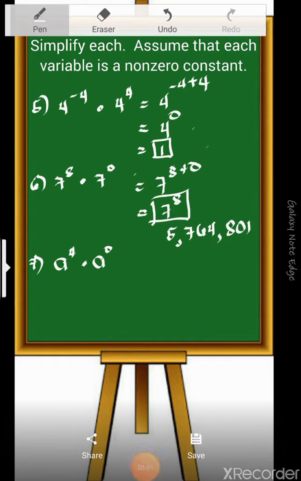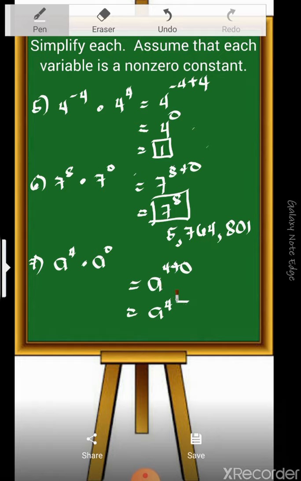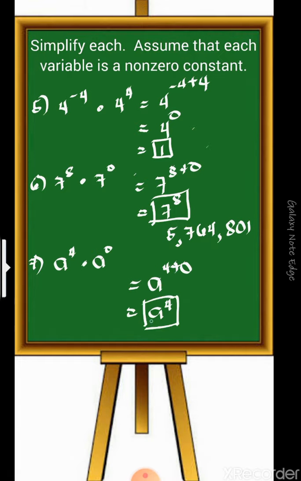For number 7, again by using the product rule for exponents, it will become a raised to 4 plus 0. So the answer is a raised to 4 because 4 plus 0 is 4. So this is our answer for number 7.